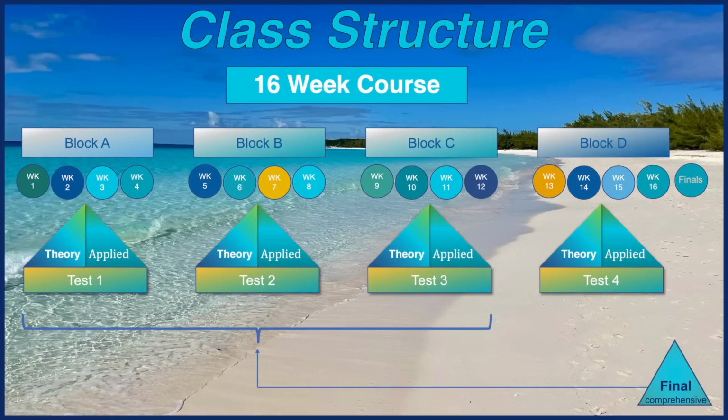This means at the end of finals week, you will have done the theory, the applied for test 4, a deep dive into block D, and then a comprehensive summary of A, B, and C. That really wraps up the entire course.